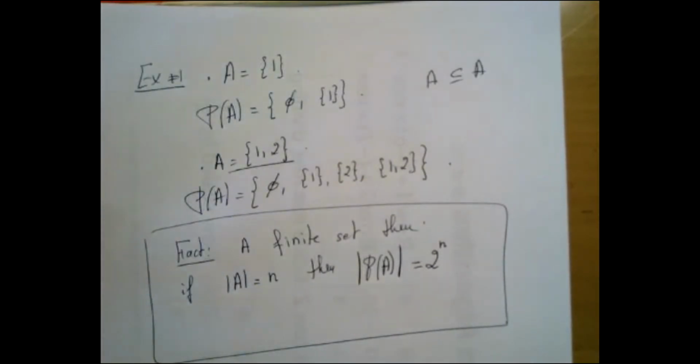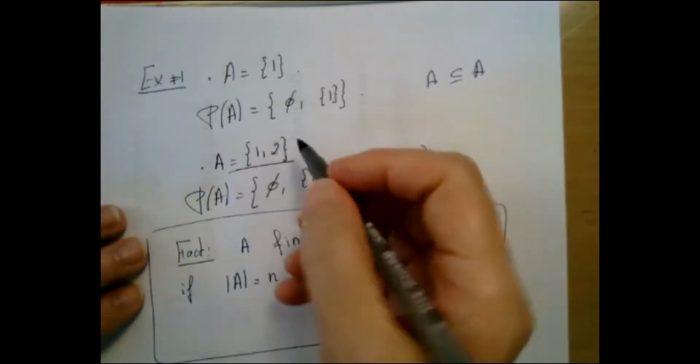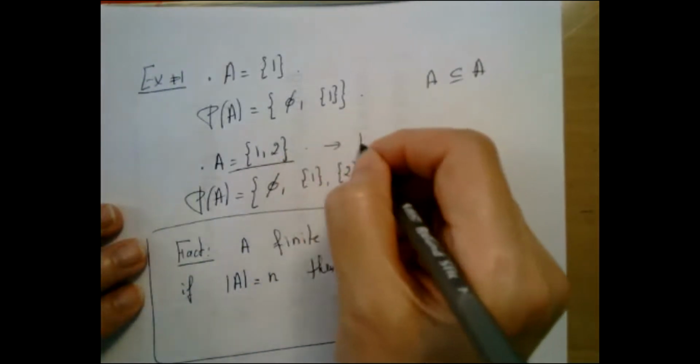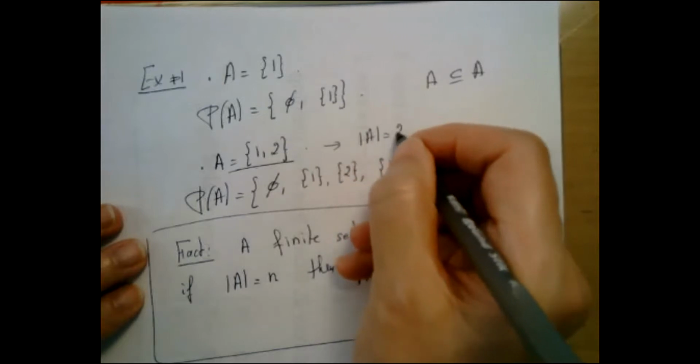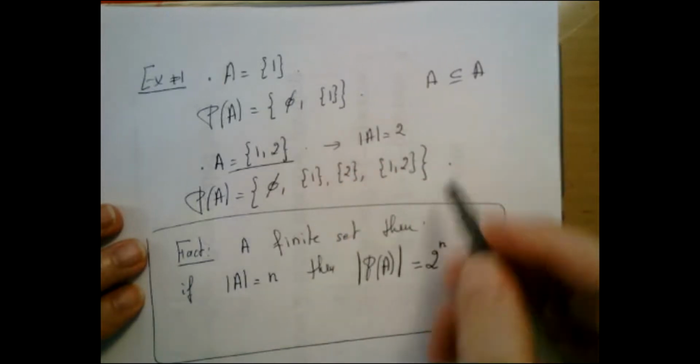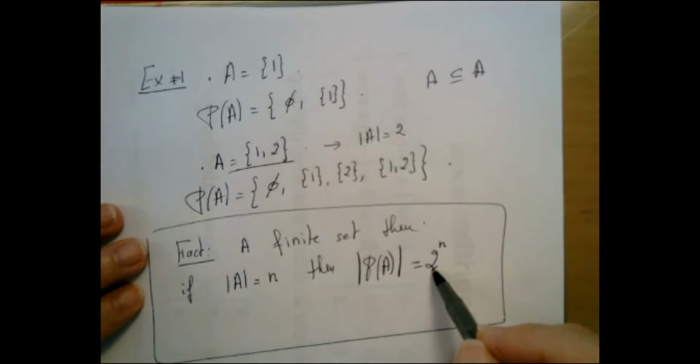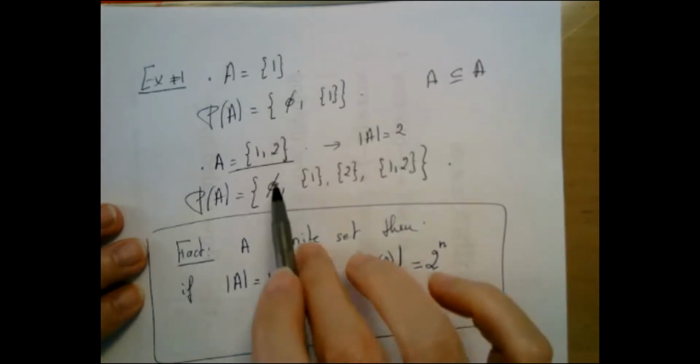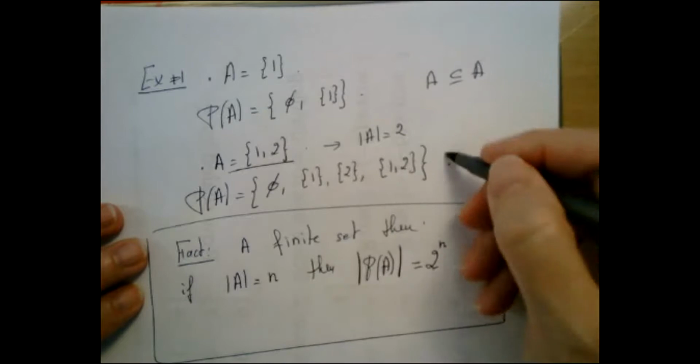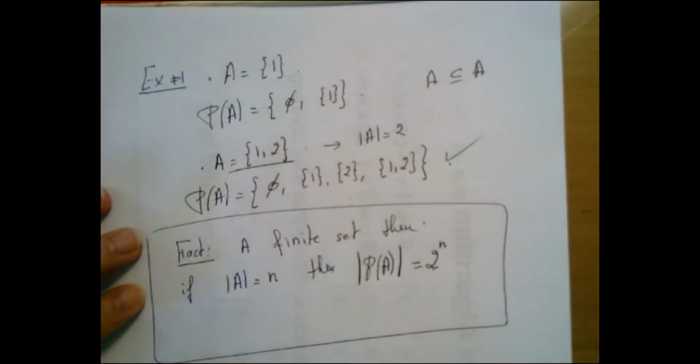Once you write the power set, you make sure you are writing it correctly. So let's check. In this case, the cardinality of A is 2, so according to that, the cardinality of the power set of A should be 4. 1, 2, 3, 4. We're doing fine.